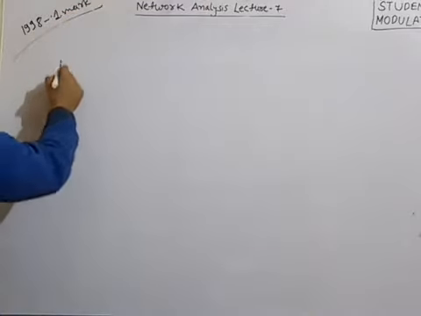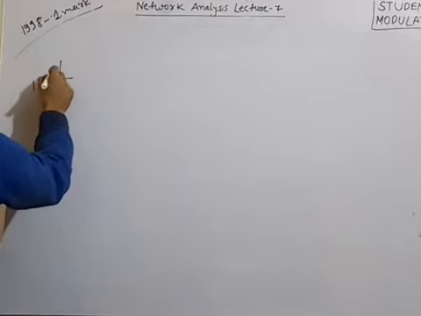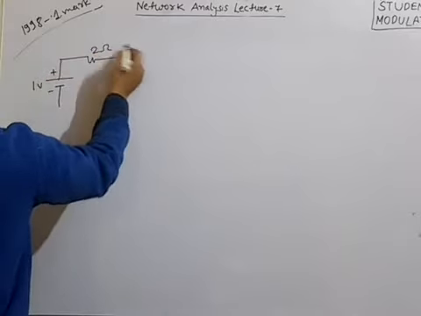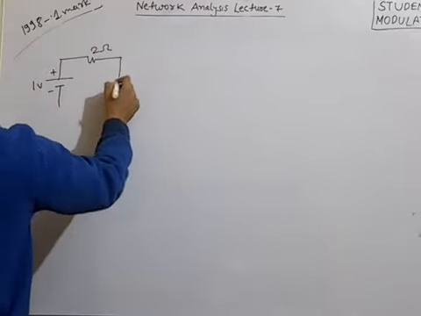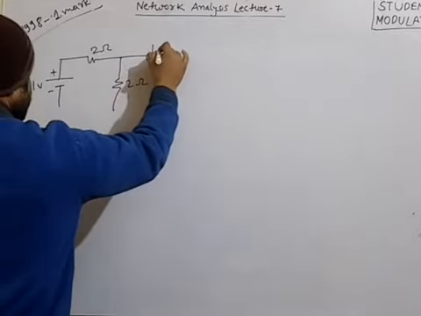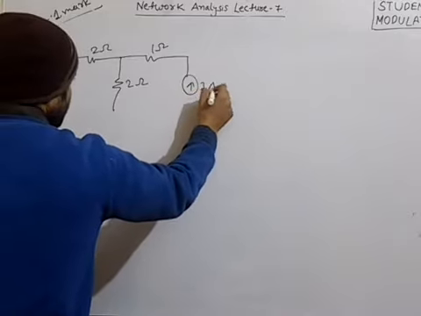And the figure was: this is 1 volt, this is 2 ohm, again 2 ohm, 1 ohm, and this is 3 ampere.